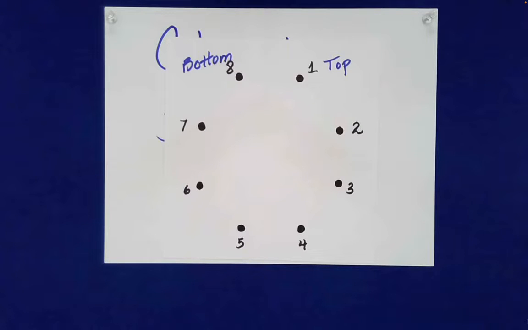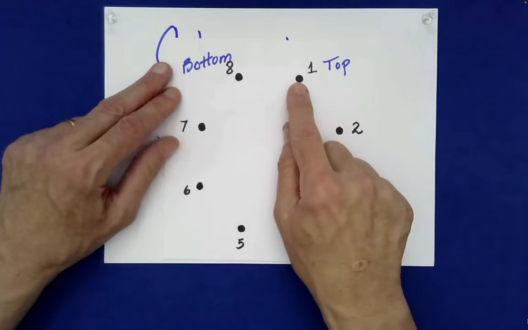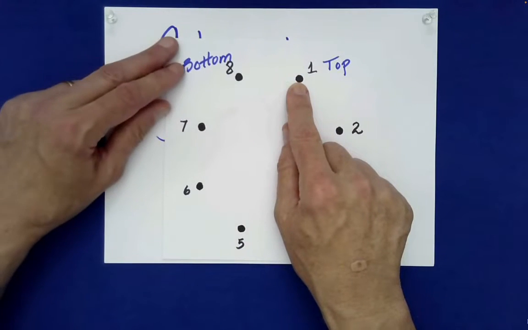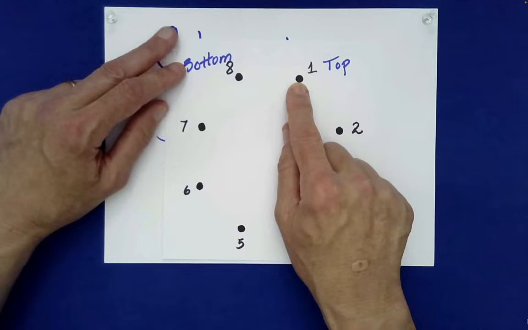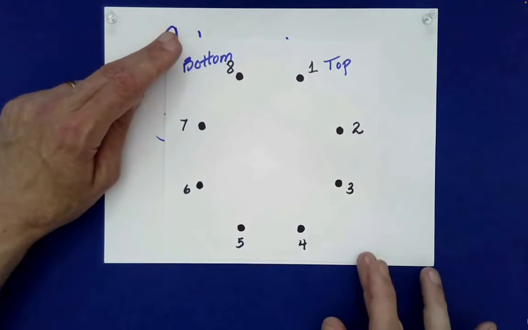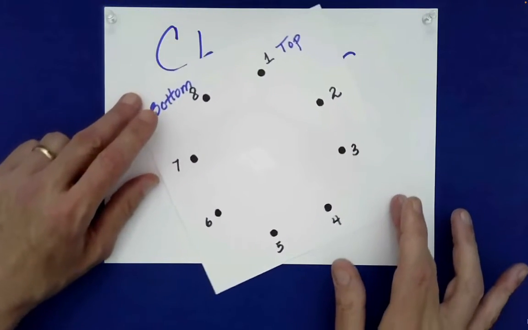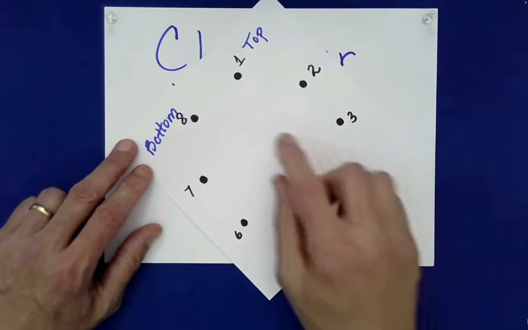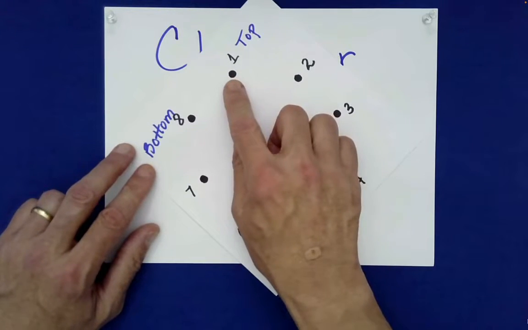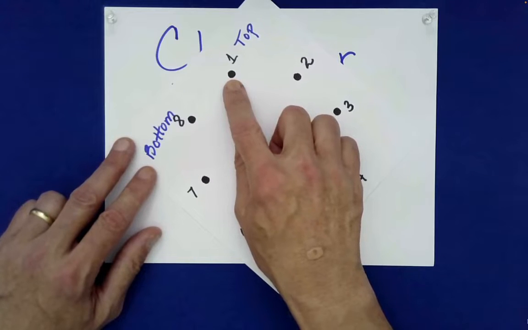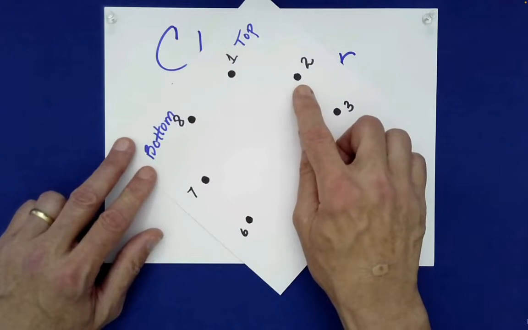Let's just cut 1 card to the bottom and we'll work up to our 6. So this is the current top. If we move the top card to the bottom, that rotates this so that the new bottom card is the 1 and the new top card is the 2.